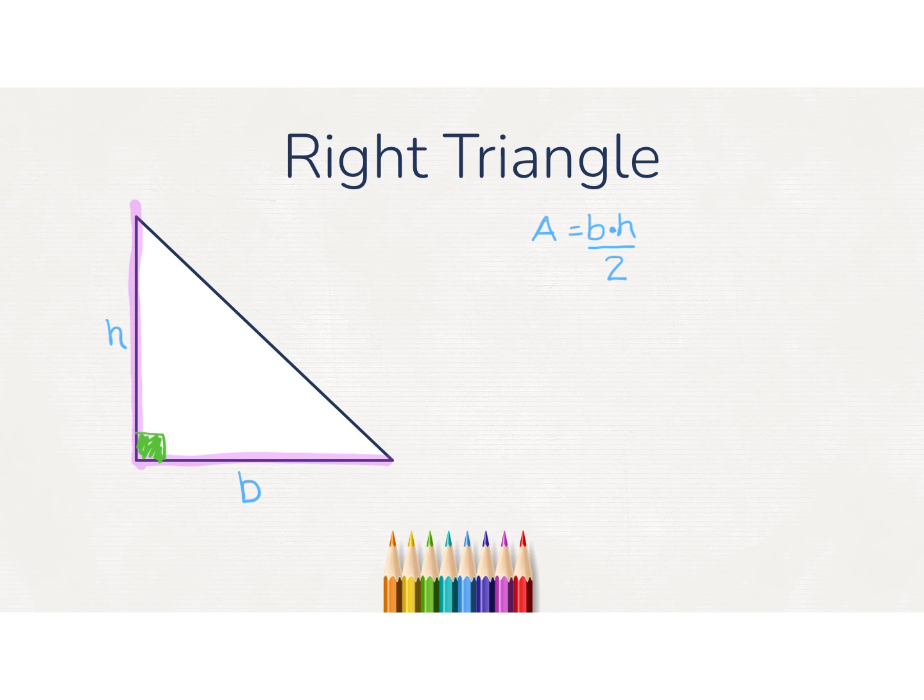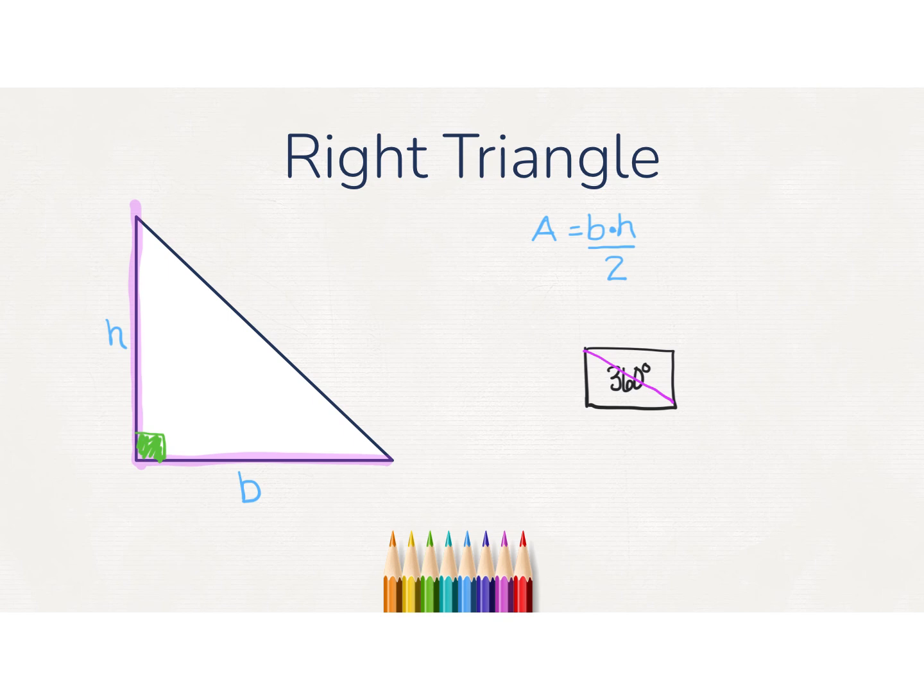Now, if we have a rectangle, and the rectangle or a square has 4 angles, and the sum of those angles is 360 degrees, and I said that a triangle is going to be half of that, so here's our triangle right in half.